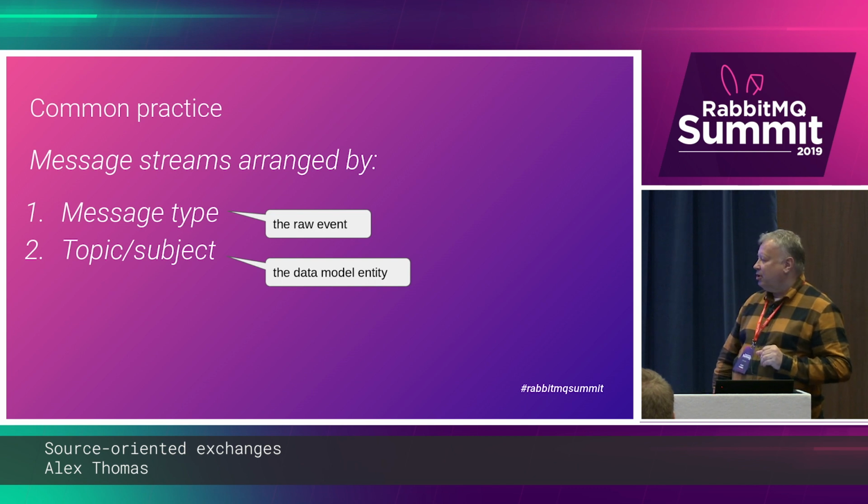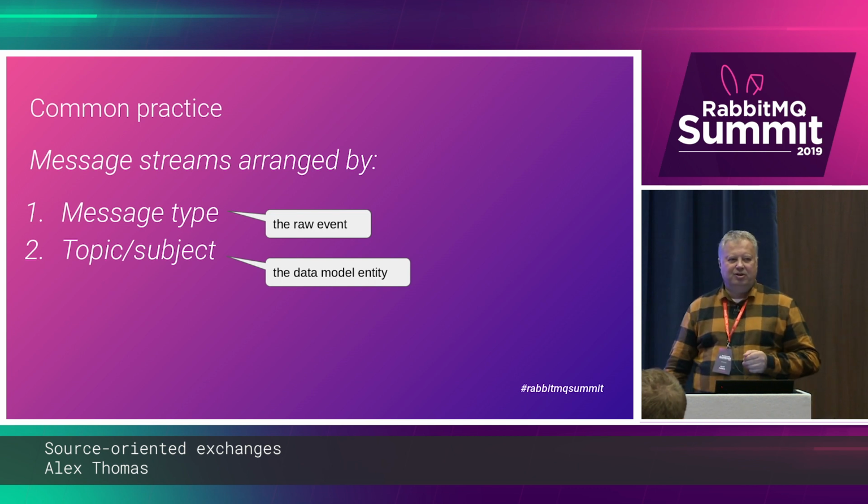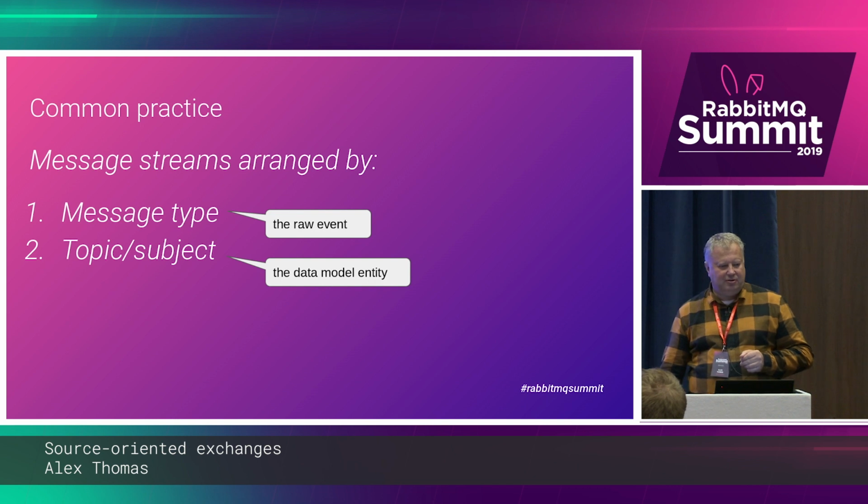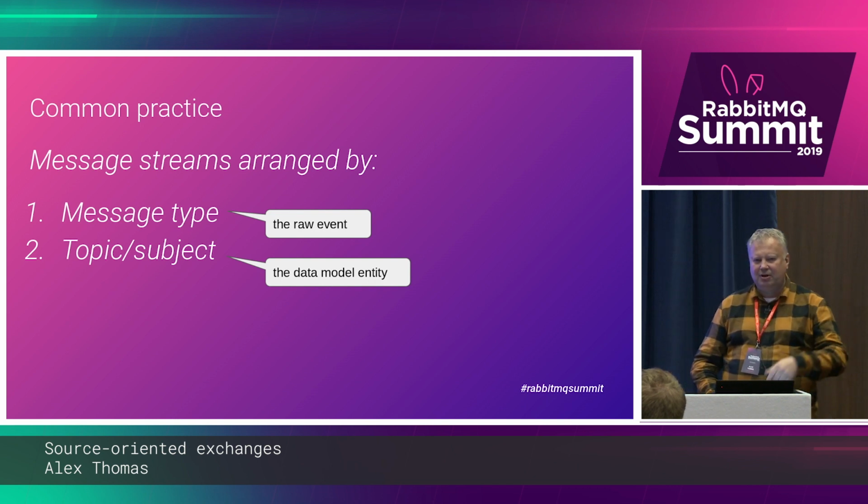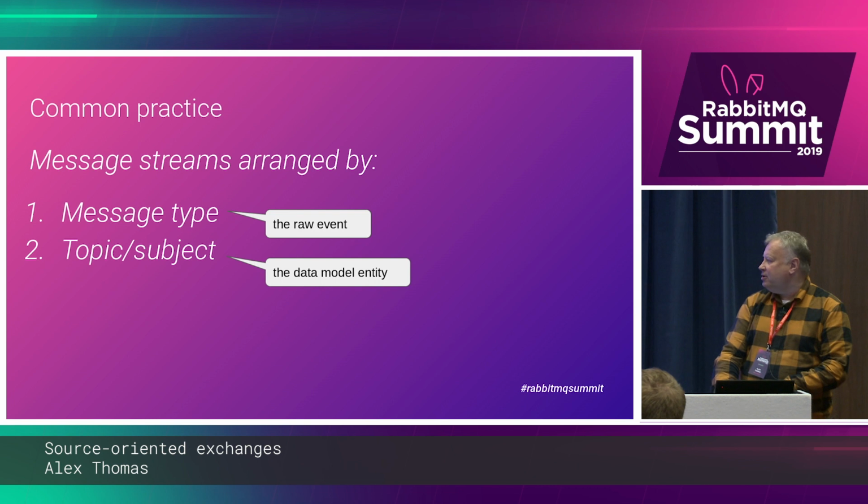Or you might say, well, no, we're going to have it more subject-oriented. These events clearly refer to the same logical entity, so we're going to put that down the same stream. So one of those two models is going to be what you end up doing.